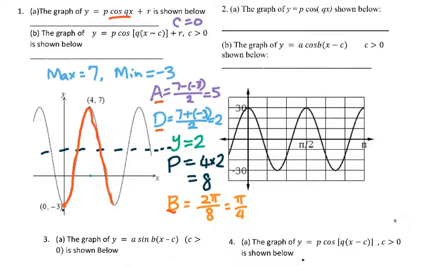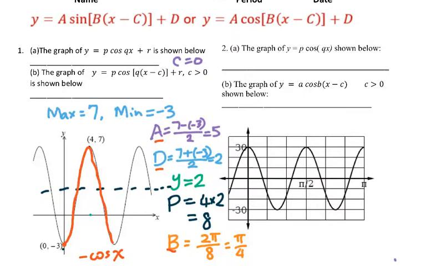It's a negative cosine x pattern when your starting point is on the y-axis. Therefore, we already figured out the a, b, and d. c is equal to 0. Use this pattern, we can figure out a cosine function.